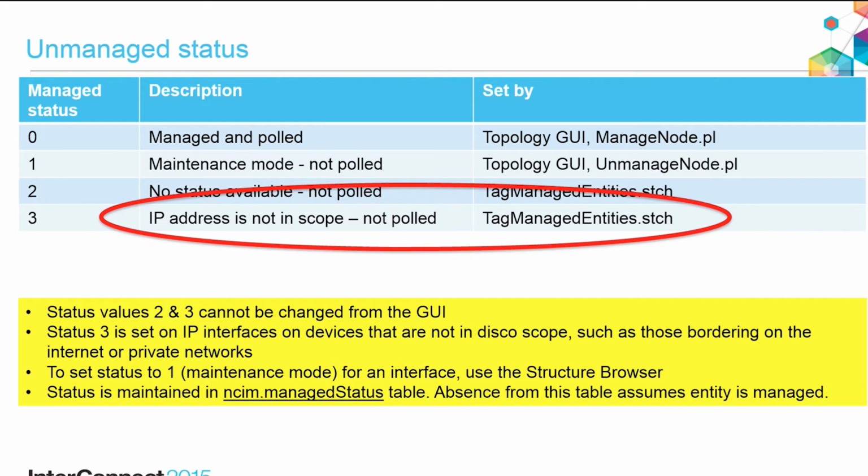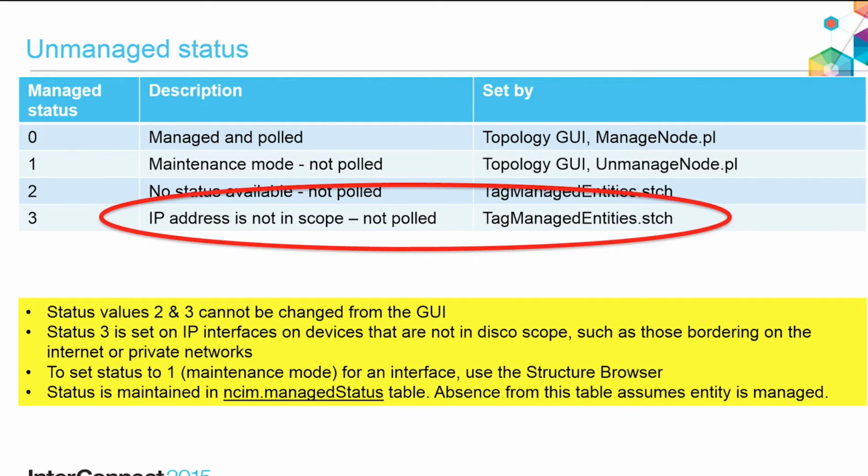And the last one I want to talk about here, because it can catch you unawares, is that if the IP address itself is not in scope, then it's not going to get polled. Now, if it's not in scope, how do we discover it? Well, these are the interfaces at the edge, the other side, if you like, of edge routers.